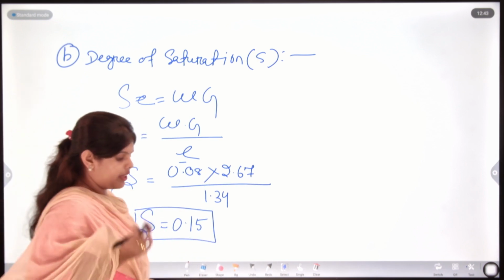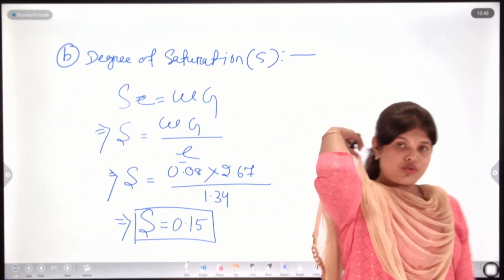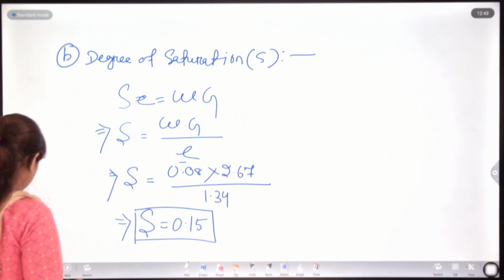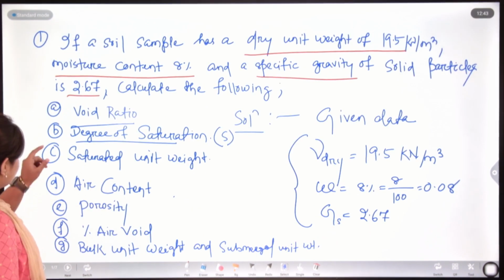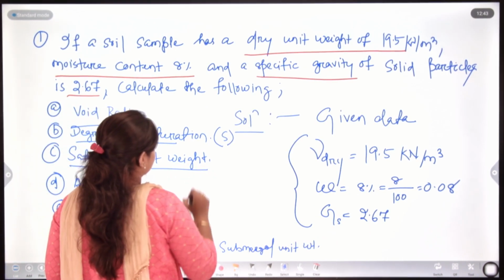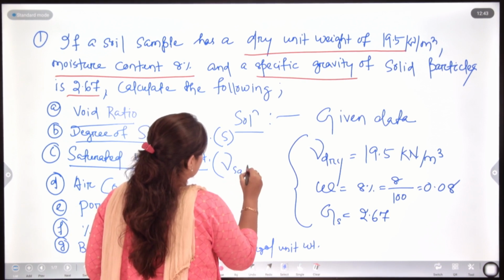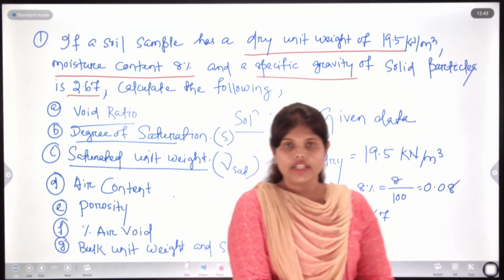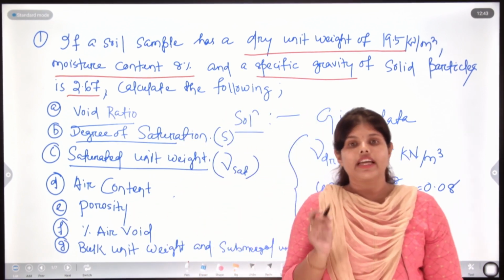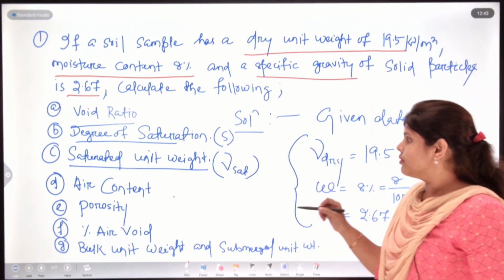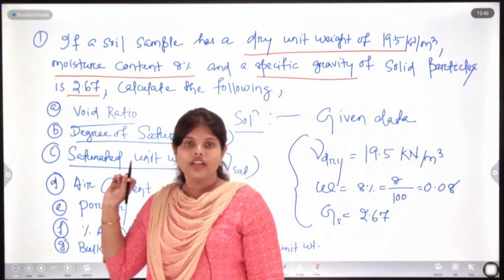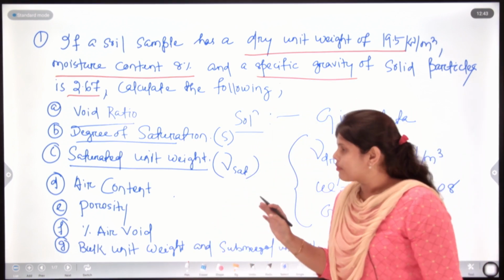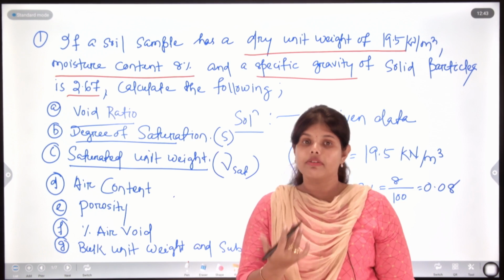So, we got S and e, the degree of saturation and void ratio. By using these, we will calculate another property, the saturated unit weight, represented by gamma sat. But in case of saturated soil, we always take S as 1. Why? Because in saturated soil, the soil is completely saturated, so all the voids are filled, by air or by water.